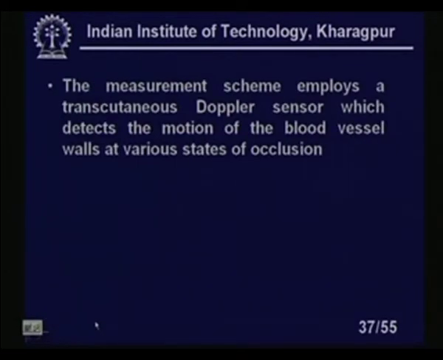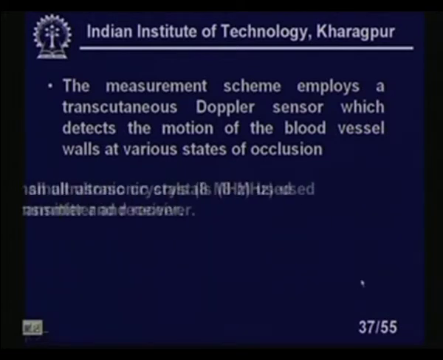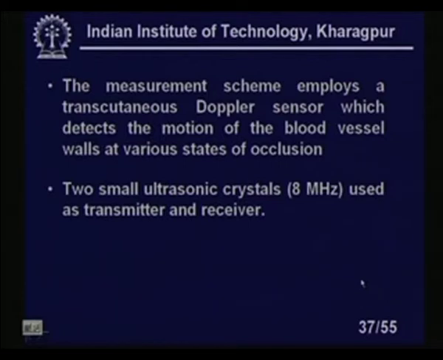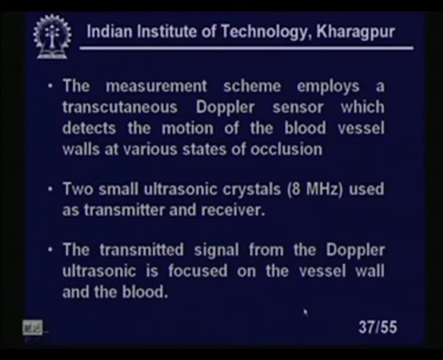The measurement scheme employs a transcutaneous Doppler sensor which detects the motion of the blood vessel walls at various states of occlusion. Two small ultrasonic crystals of 8 megahertz are used as transmitter as well as receiver. The transmitted signal from the Doppler ultrasonic is focused on the vessel wall and the blood.